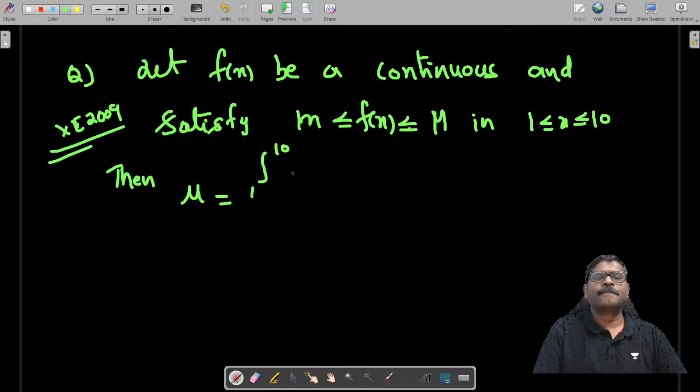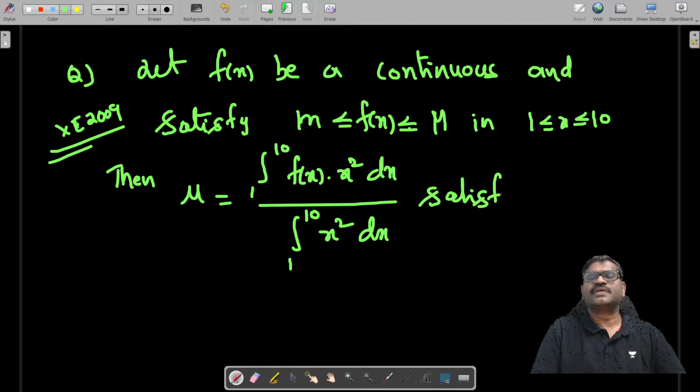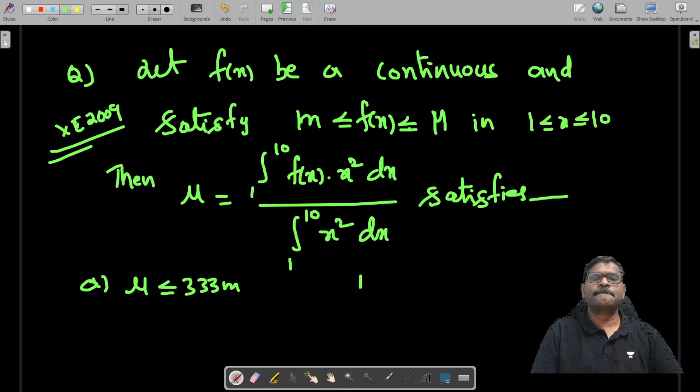integral 1 to 10 f of x into x square dx by integral 1 to 10 x square dx satisfies. Option A, mu less than or equal to 333 m.